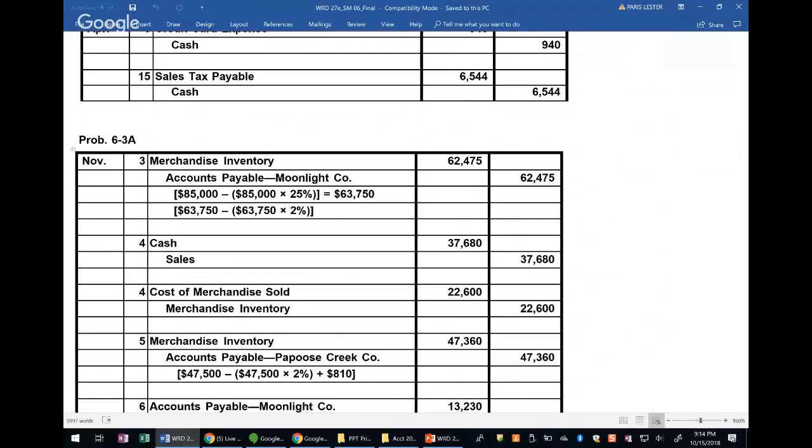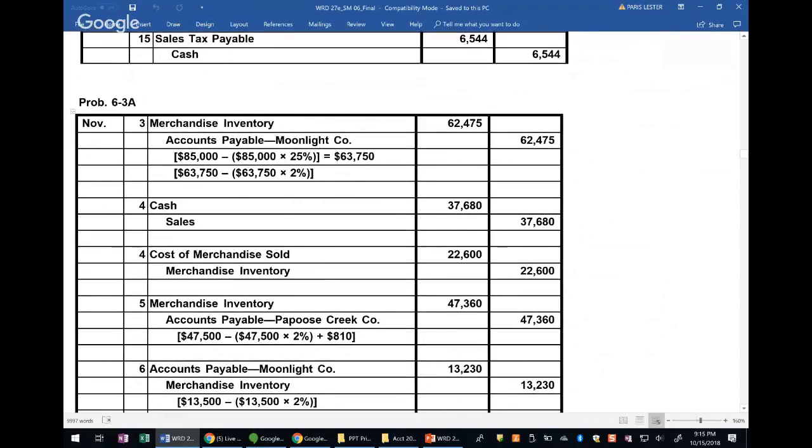Okay, Dylan, do you have that next one? Debit accounts payable and you credit merchandise inventory. All right. Number 6. Did you figure out the amount, Dylan? Okay, you're returning 13,500, but you recorded that net wherever we bought it.